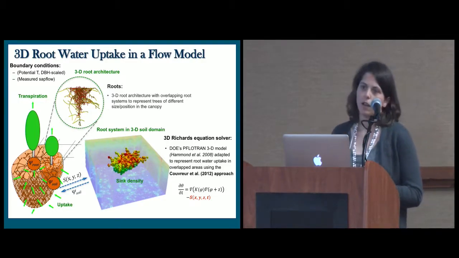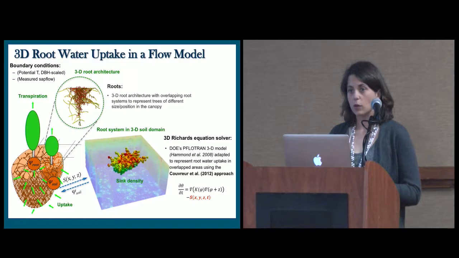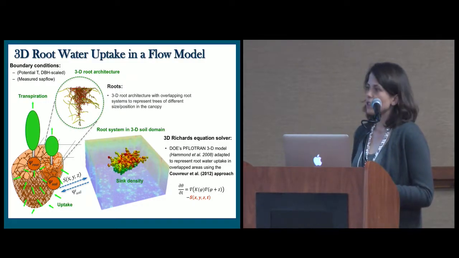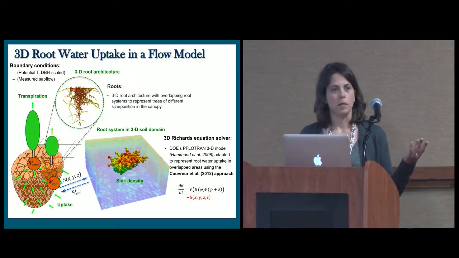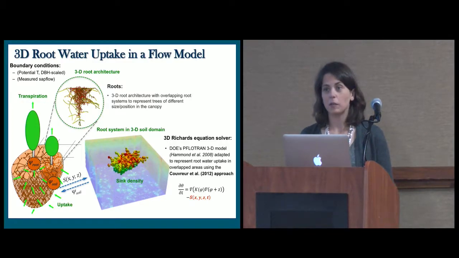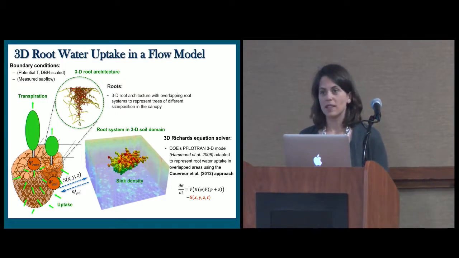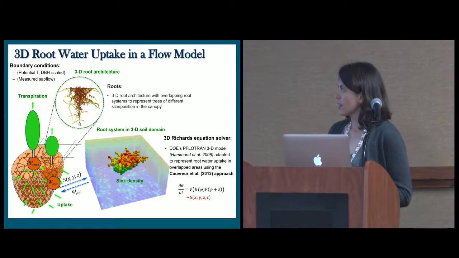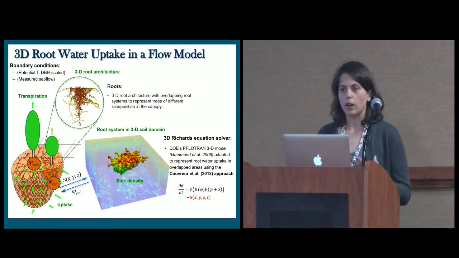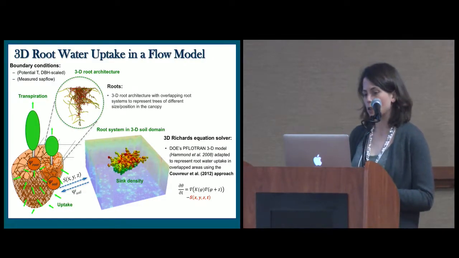It's a highly parallel model that solves a three-dimensional Richards equation. It has been used in other types of studies that model the transport of uranium from nuclear waste sites, carbon sequestration, and a lot of different applications. So what we've been doing is including the root water uptake as a sink term in the Richards equation.